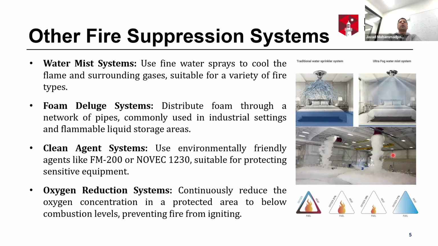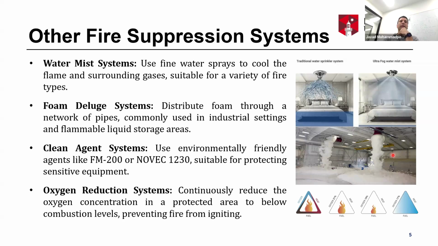And also regarding the other types of fire suppression system, we have the water mist system. It's more effective compared to the sprinkler, but it depends on the hazard area.